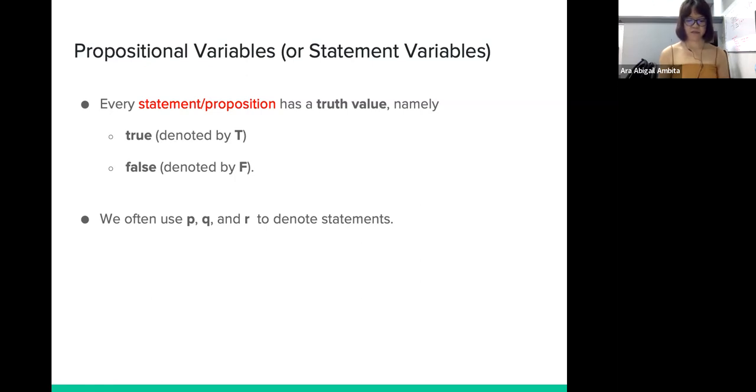These are the conventional letters used for propositional variables: P, Q, R, and S.